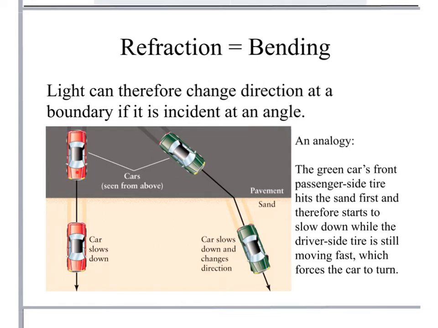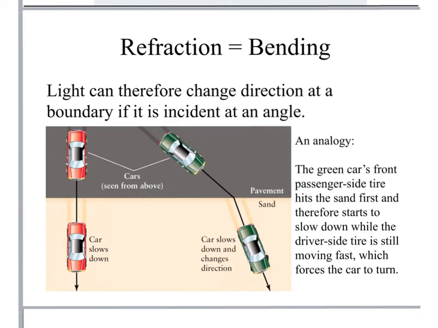If this car enters the sand at a perpendicular angle to the boundary line, then it will continue traveling straight. But if the car enters the sand at any angle, any sort of incident angle, then it will bend. The light will bend if it enters a different medium at an angle that is not 90 degrees.